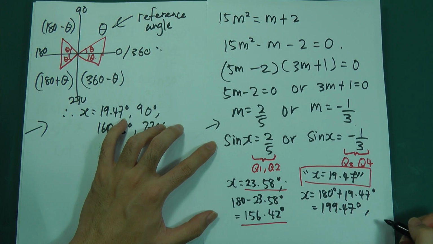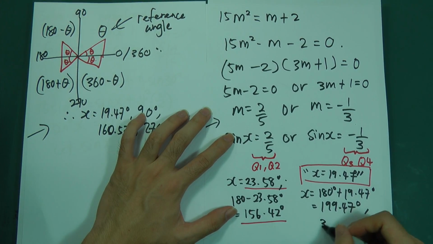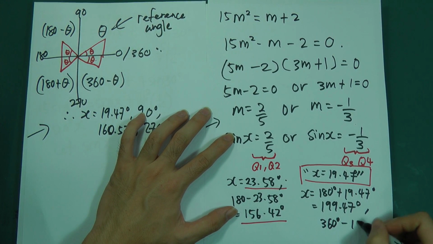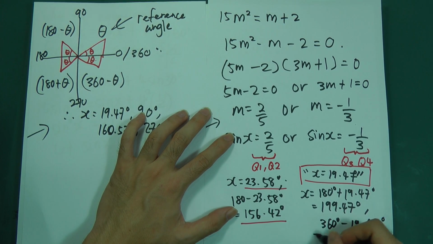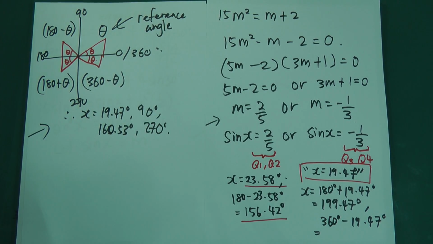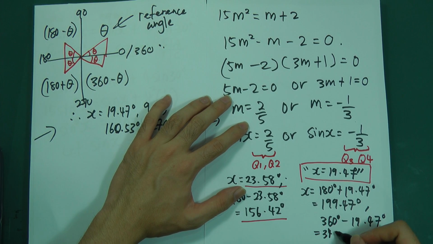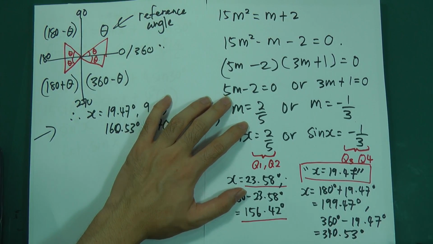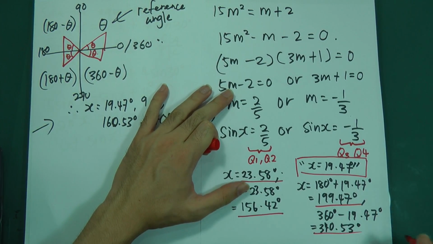The second one will be 360 minus the angle, 360 minus 19.47, because this is the reference angle. I just press the calculator, 360 minus the answer, and we get 340.53 as the angle. Therefore, you see, actually we get 4 different answers.